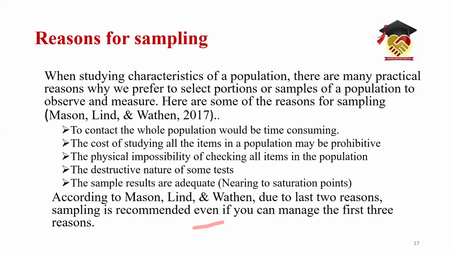Qualitatively, you keep on collecting data, say up to 50. After 50, they will not give anything new. They will give you the same thing over and over again. Nothing new, no value addition. Why? Because you have reached the saturation point. What's your good question?